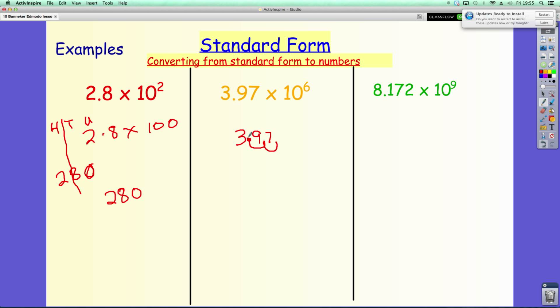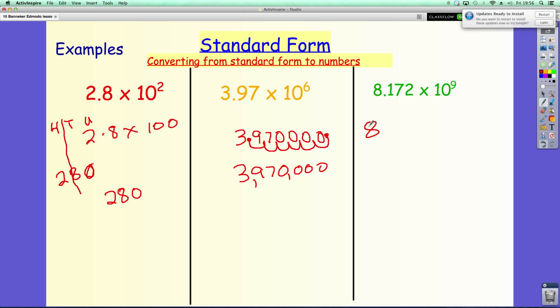So 3.97, and then it's 1, 2, 3, 4, 5, 6, and we're putting our zeros in to make sure that the 3, 9, and 7 stay in the place value that they should be. And so that becomes 3,970,000.